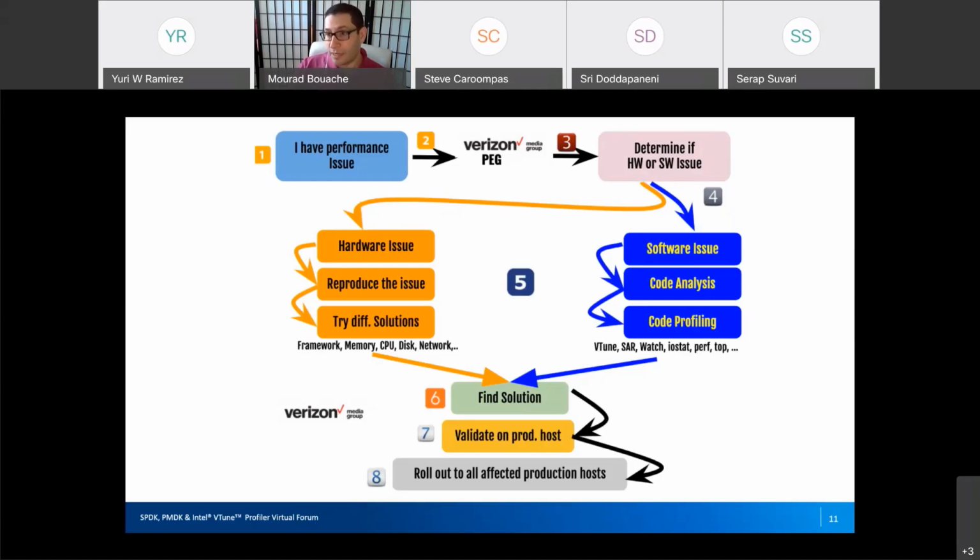But for software, through all the experience that I have, I think software issues are more complicated because they are more dynamic. Plus, there's more communication that we need to set up, to create this channel between the performance engineering group or a performance engineer and the software engineer, where we need to do code analysis and code profiling, and the code profiling is going to be through different tools.